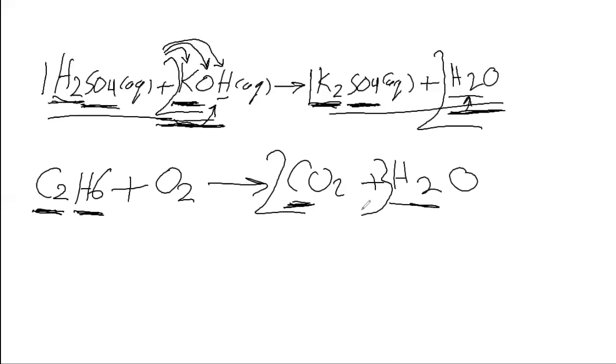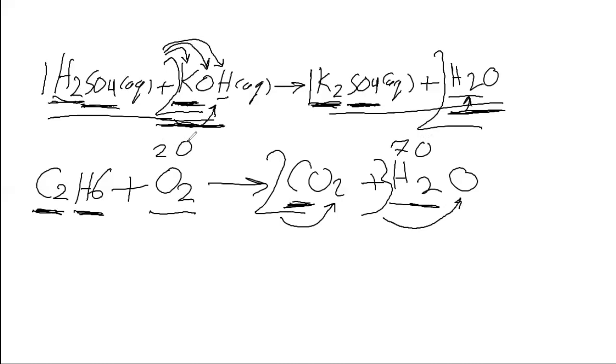Now let's examine the oxygen. Oxygen on the reacting side, we have 2. Here we have 4 in the CO2 and 3 in the H2O. That gives us 7 oxygen. Now how will you make it balanced? So on the product side, we have 7 oxygen. Here, 2 oxygen.